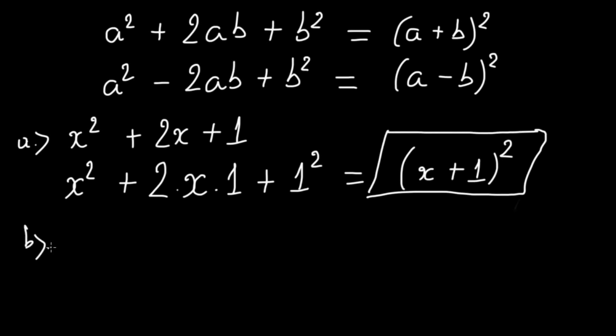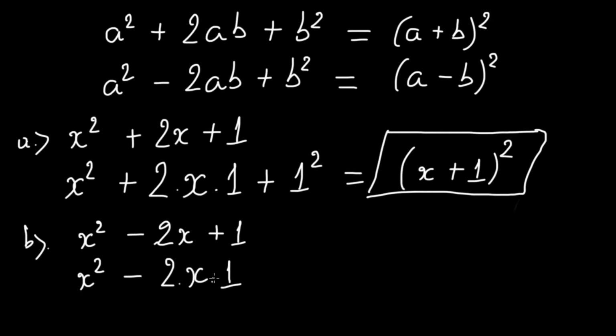B, x squared minus 2x plus 1. We put x squared down, minus 2 times x times 1.